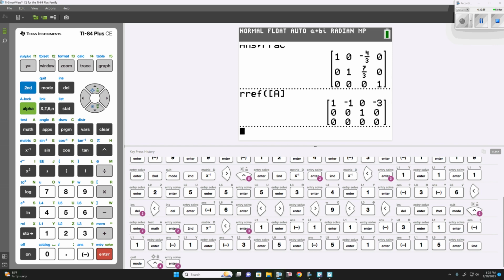So I'm going to recall it, enter. Okay. This one here is a little different because what is the bottom row for this one? All zeros. So unlike the last one, this is actually giving us a true statement, 0 equals 0.